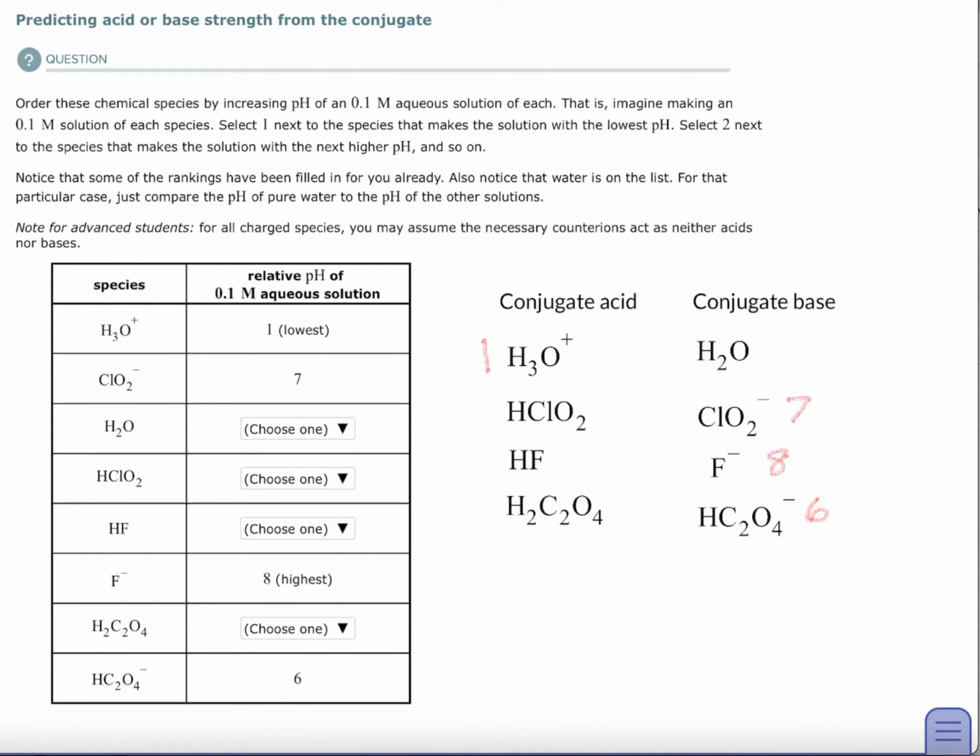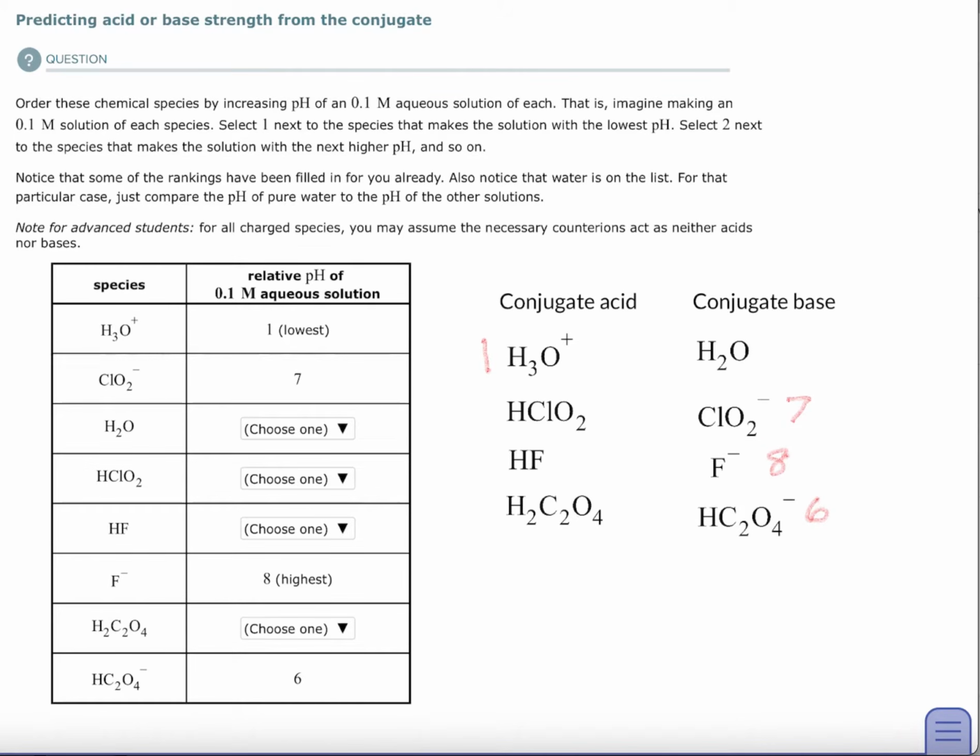If we know that hydronium is a strong acid, and there is a list of the strong acids and the strong bases that you should know, and there are no other strong acids or bases on this list, that means the conjugate acid here, water, since one is a strong acid, then the conjugate base must be a very weak base.